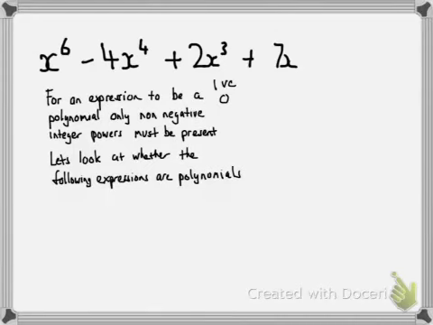There we go. So let's look at our definition. For it to be a polynomial, only non-negative integer powers must be present. So if we look at all the powers here, we've got power of 6, power of 4, power of 3, and power of 1. Remember, an x by itself is always a power of 1. They are non-negative integer powers, so we can say yes, that is a polynomial.